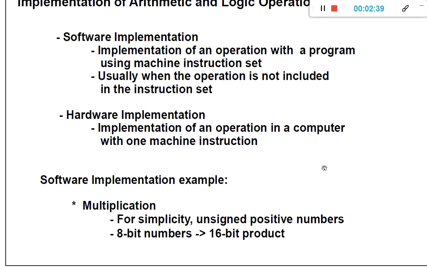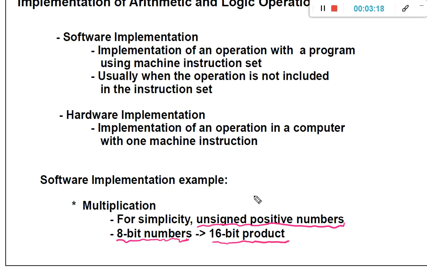For example, multiplication is not available directly, so we need to write an assembly language program to implement multiplication. However, for simplicity, let us assume that we are using only unsigned positive numbers, and we are considering only 8-bit numbers. When you multiply two 8-bit numbers, we get around 16 bits.